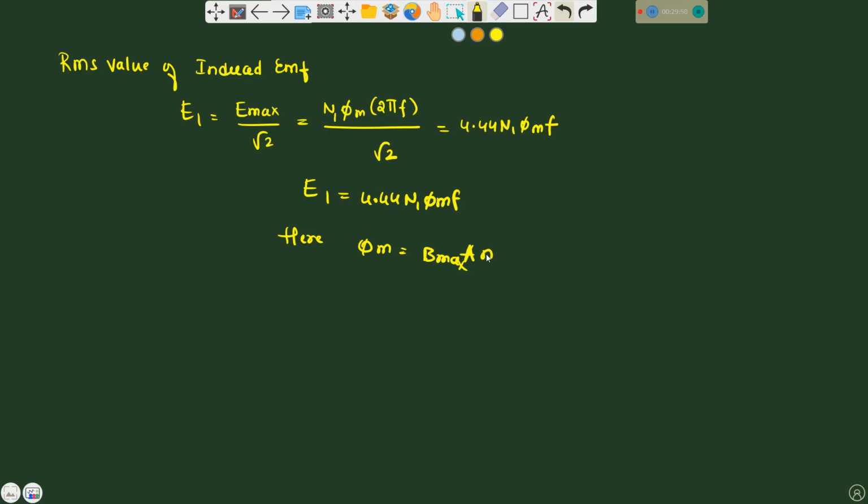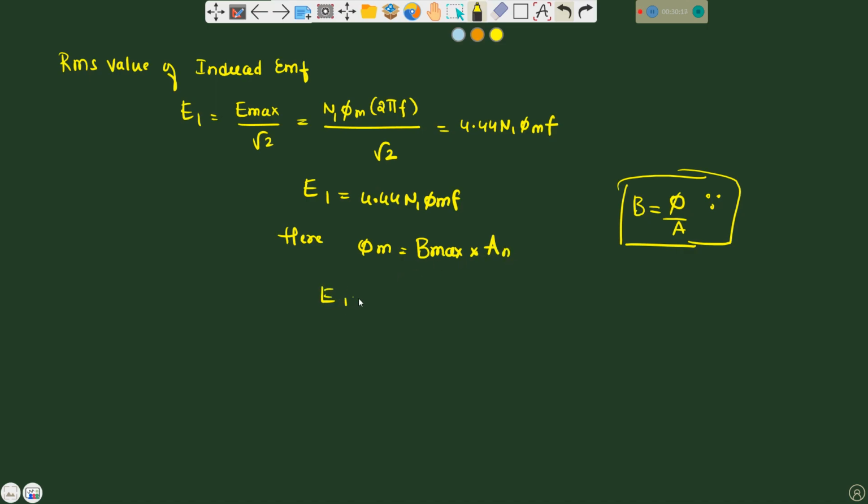Here we can say that phi m will be B max into An. This is from flux density, B equals phi by A, which is magnetic flux density. With the help of this we got this. Let me write it properly: B max into An.